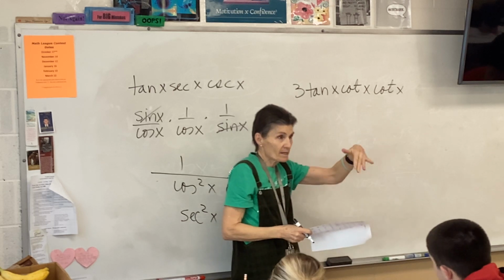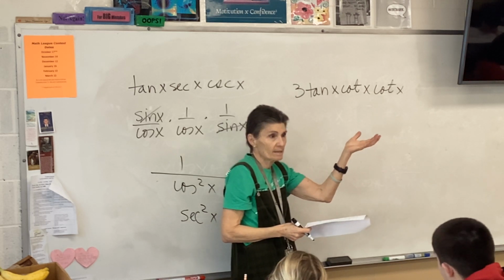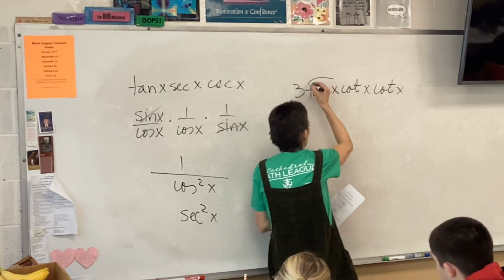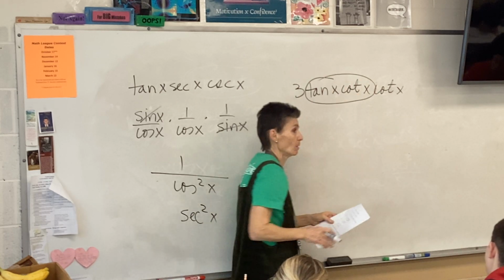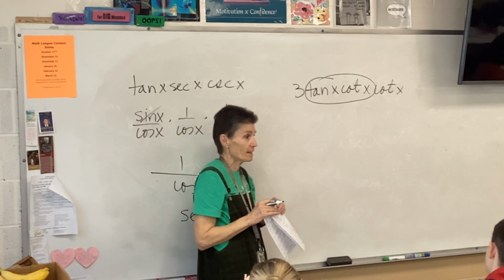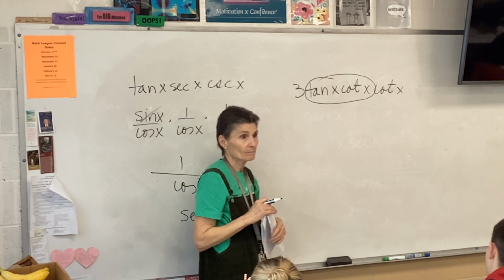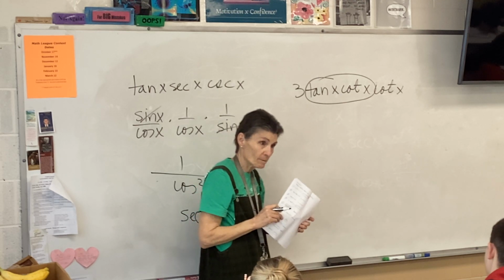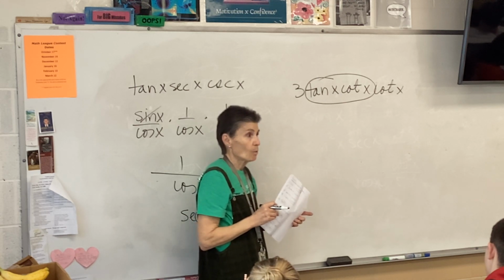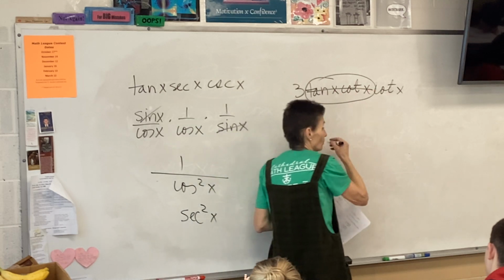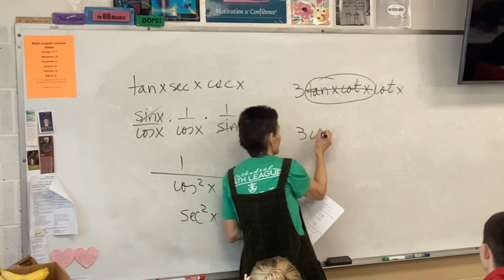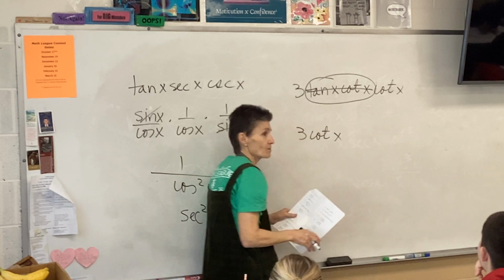So I wrote my cotangent separately, which is fine. Because what do I know happens whenever I multiply a tangent and a cotangent? They're going to cancel. They're going to make 1. So what's left? 3 cotangent. And that's the answer to the question.